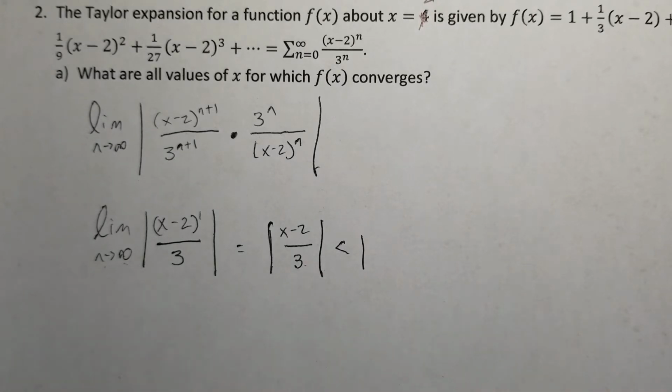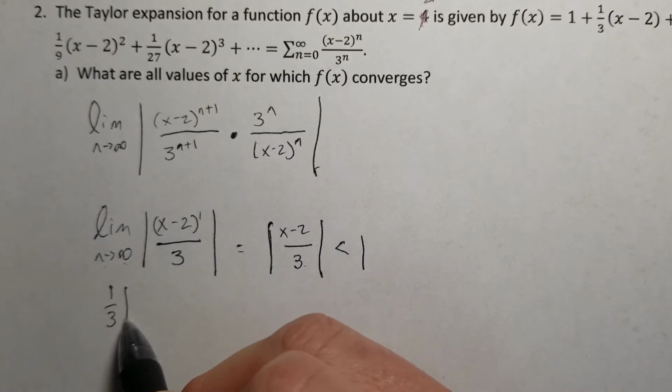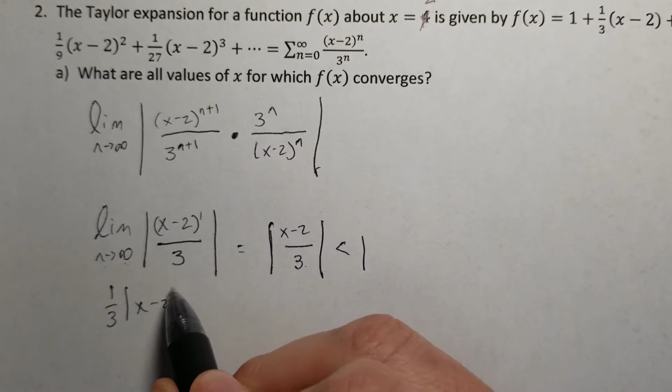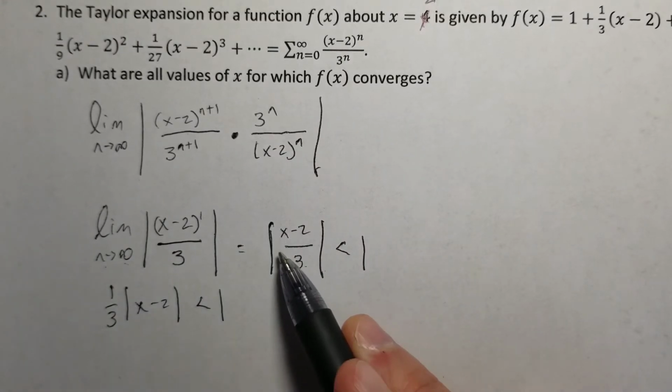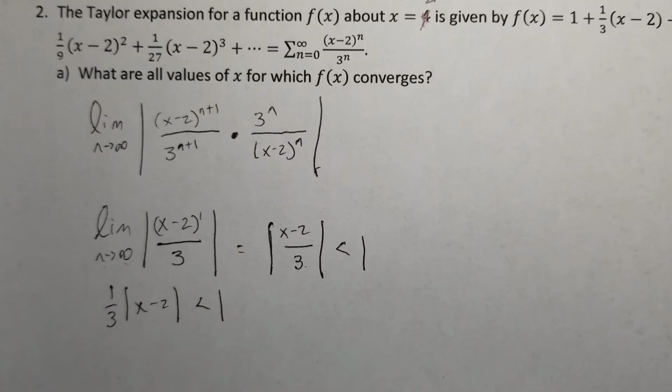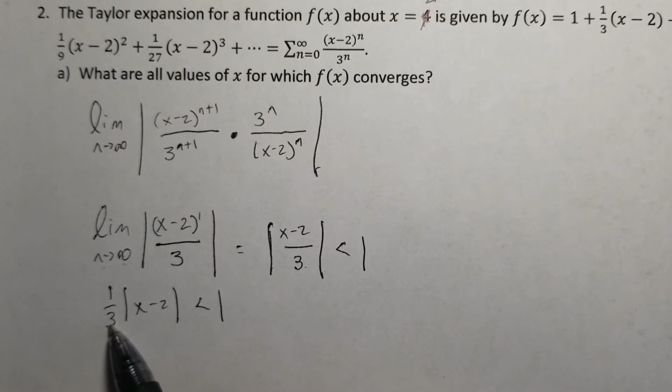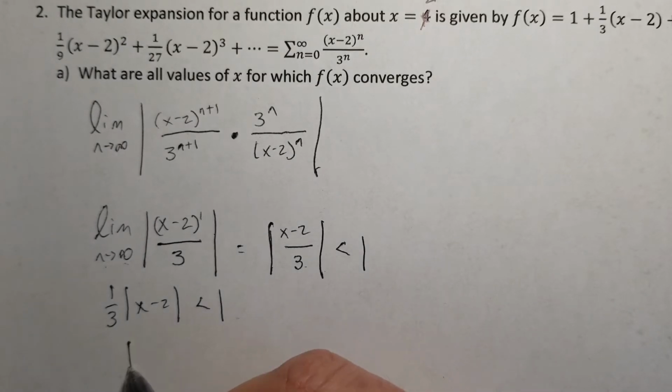Now, this 3 is just a constant, so I'm going to factor it out front so I end up with 1/3 the absolute value of x minus 2 is less than 1. I can bring that out because 1/3 will always be positive, so it doesn't matter if it has the absolute value around it or not. Solving for x, I can multiply 3 to the other side. The absolute value of x minus 2 is now less than 3.